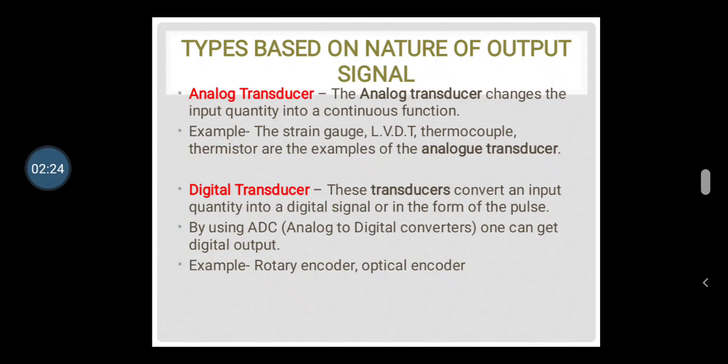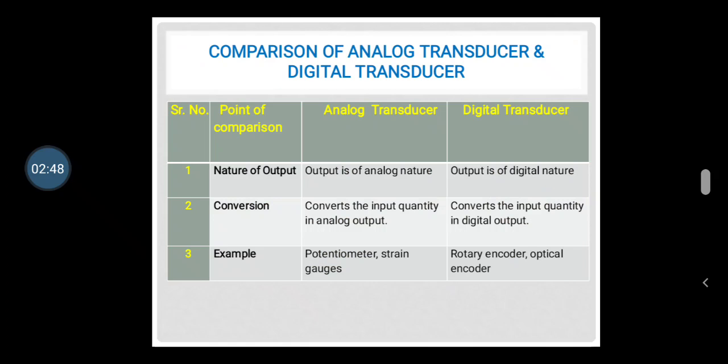It is a very important part. By using an ADC, analog to digital converter, we can get digital output. For example, rotary encoder, optical encoder, and a digital scale for digital indication of the linear position of a moving object. All these are examples of a digital transducer.